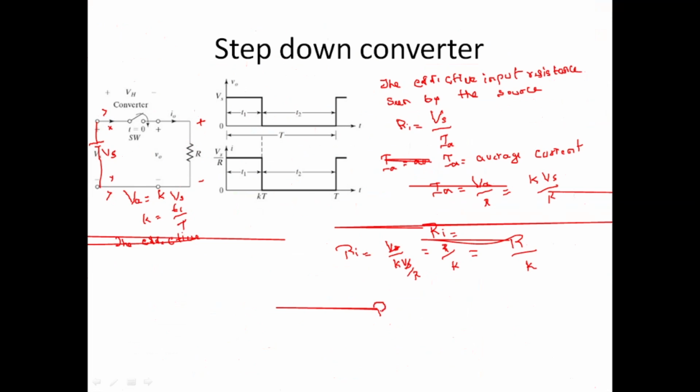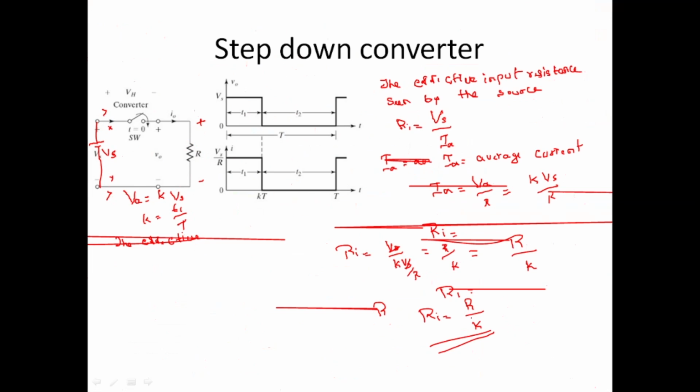So Ri is R by K. So this is our effective resistance seen by the source.